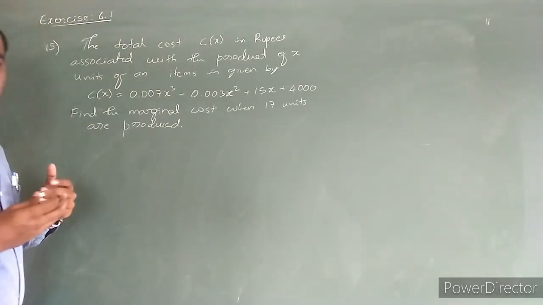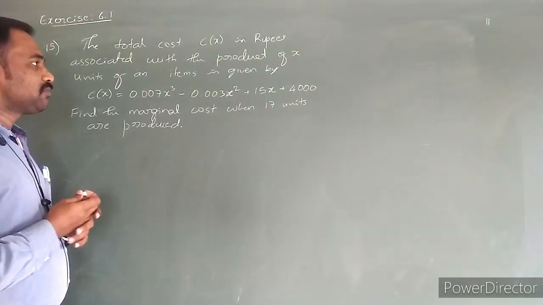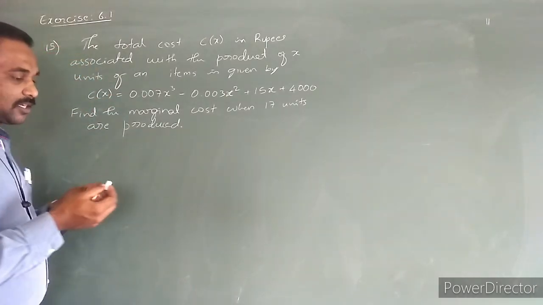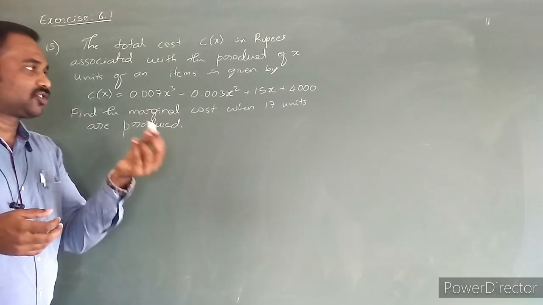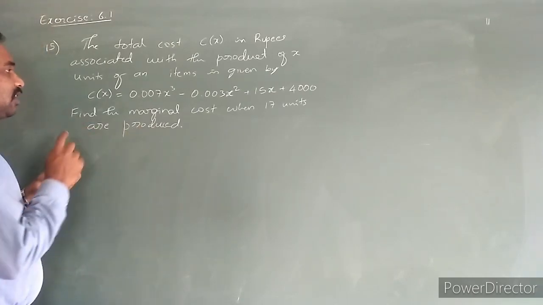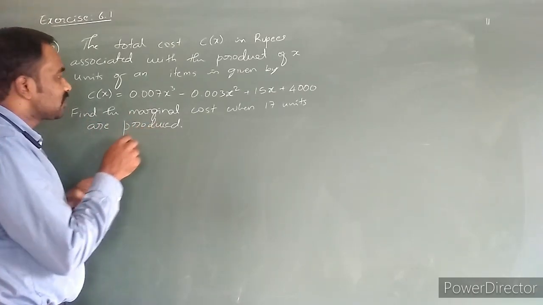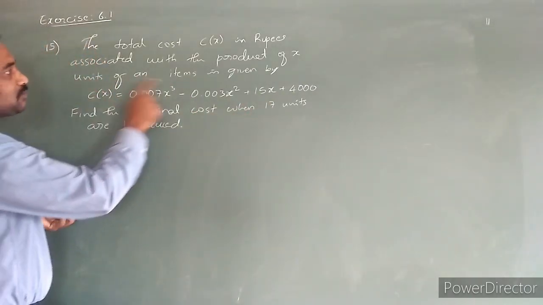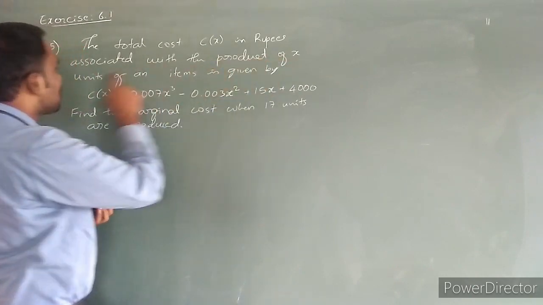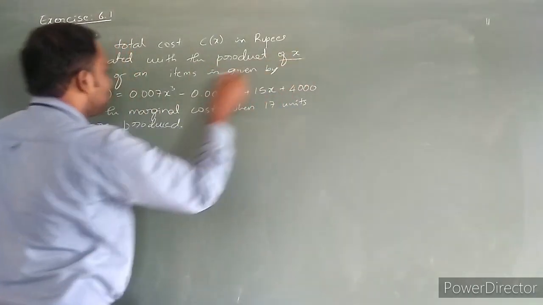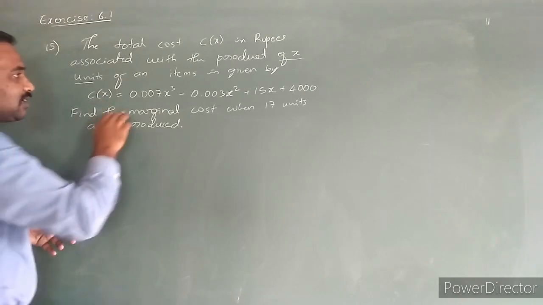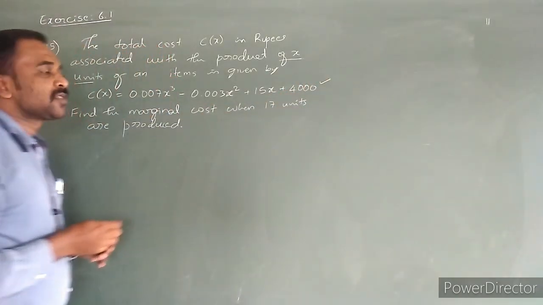The cost function of the item is given in terms of the number of units produced. Based on the number of units, the cost function is given in this manner.